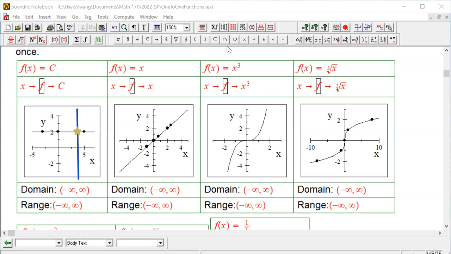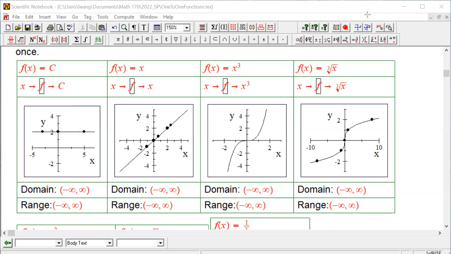This point tells us that for this input, there's exactly one output, if it is a function. And this is true for any arbitrarily drawn vertical line: you always touch the graph no more than once. If it's more than once, it failed the test and it's not a function. So we got that.